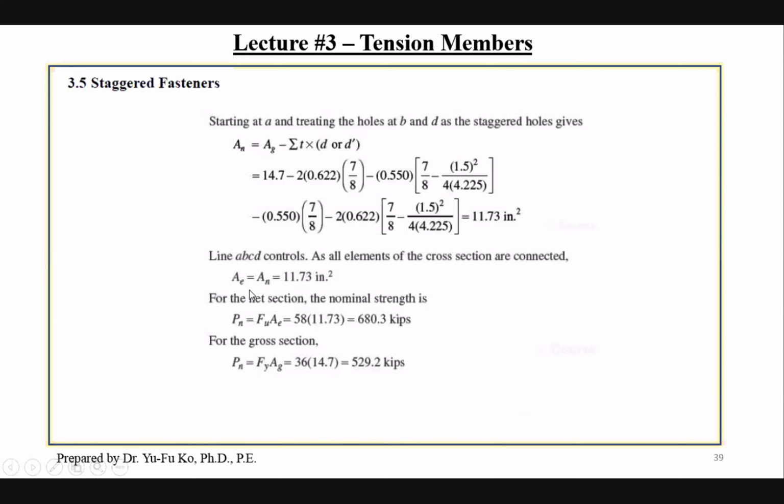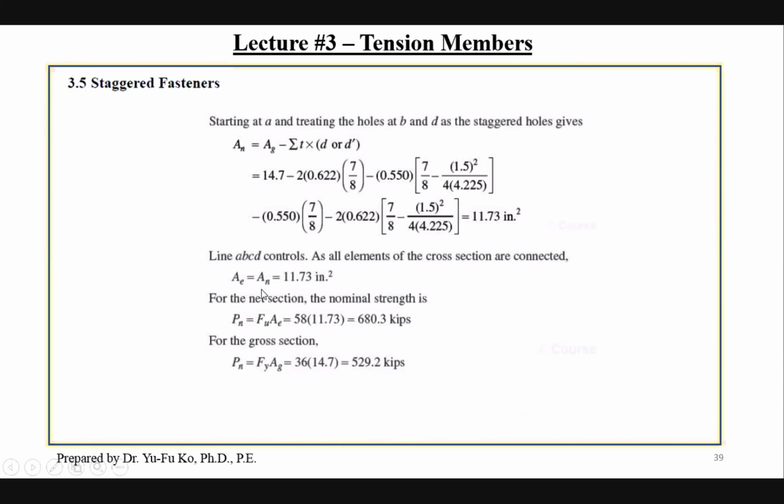And as you guys know, AE, effective area, is equal to U times AN, right? But in this case, because all the elements of the cross-section are connected, there's no shear lag effect. So U is equal to 1.